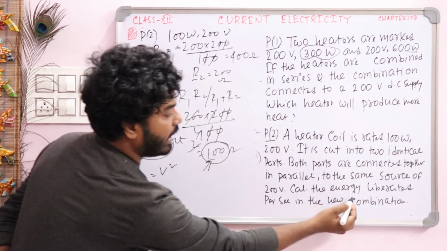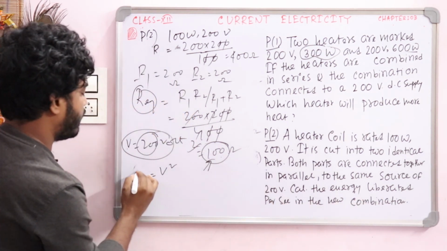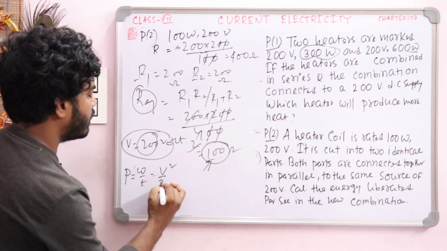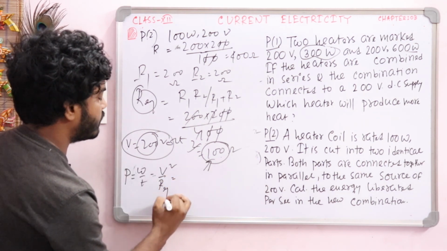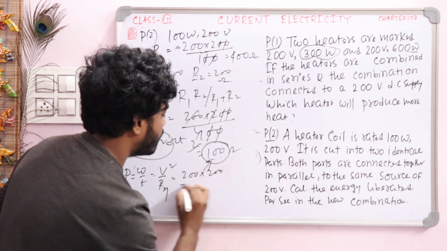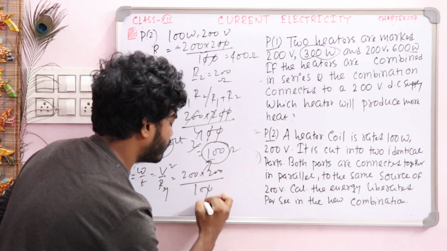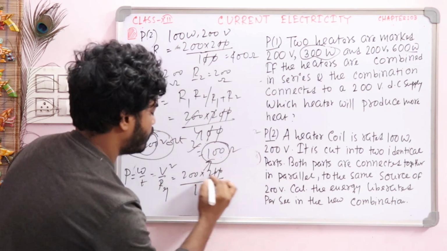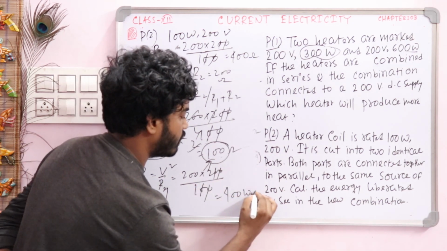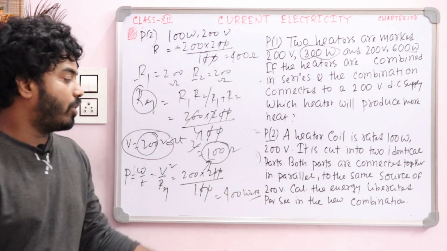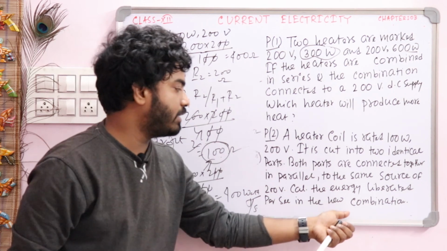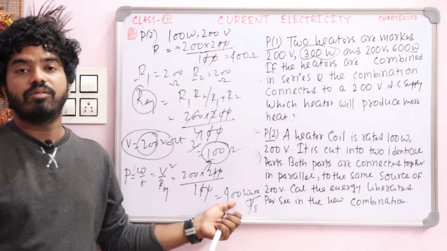Energy liberated per second, energy by second, that is power. So V square by R equivalent. What is V square? That is 200 into 200, and R is 100. So the zeros cancel out, 4, that is 400 watt. So the energy, or you can say joule per second, liberated by the new combination is 400.